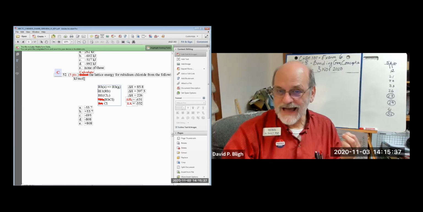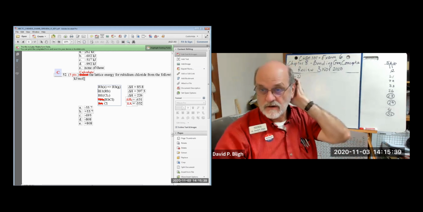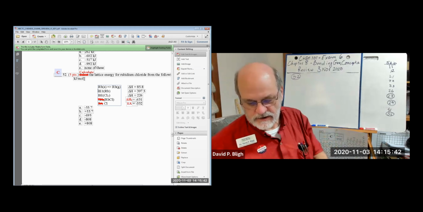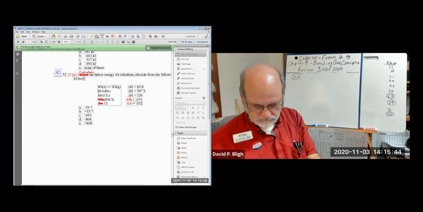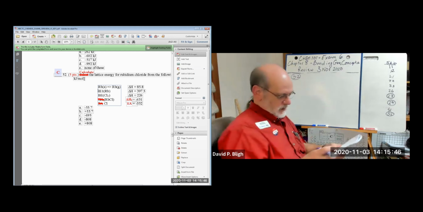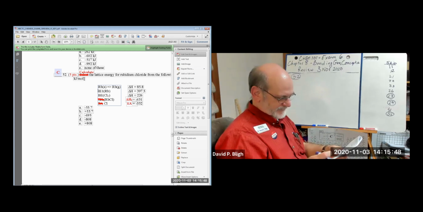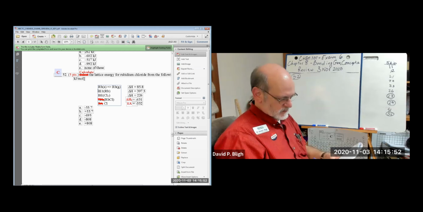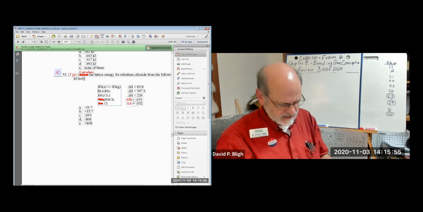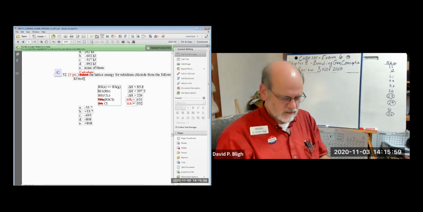Ionization energy. What does ionization energy for rubidium mean? Remember the definition of ionization energy. We may not even need ionization energy. Yes, we will.